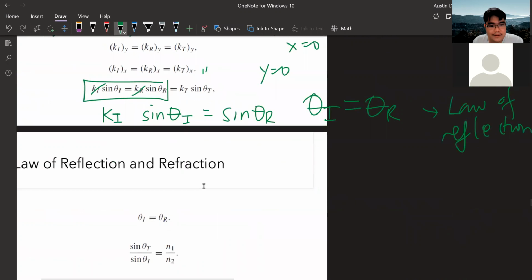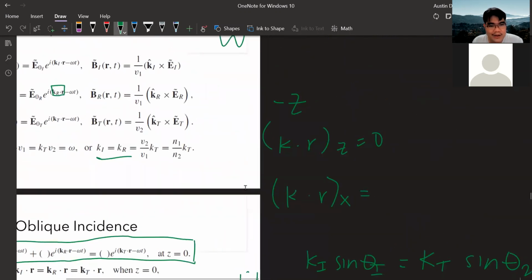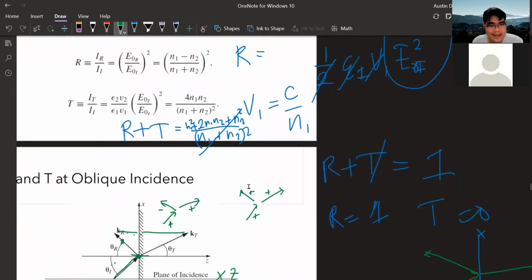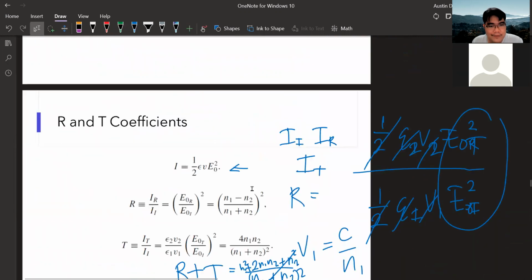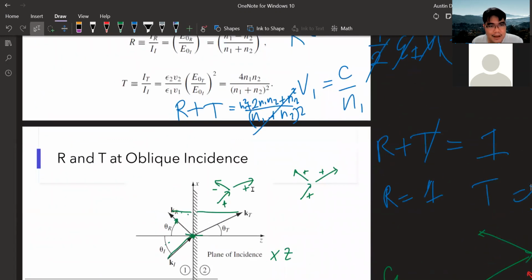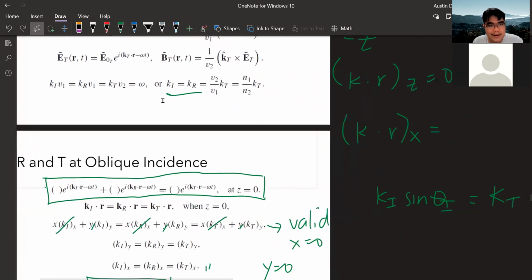From this, you can see, what is our definition of k? We can write it in terms of the index of refraction. So we can divide ki by kt, and we have n1 over n2.